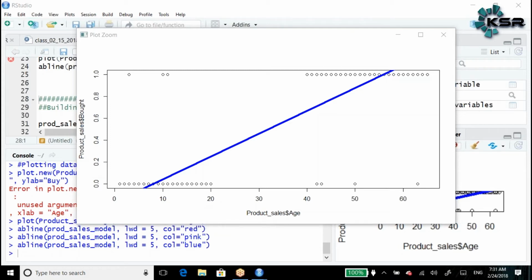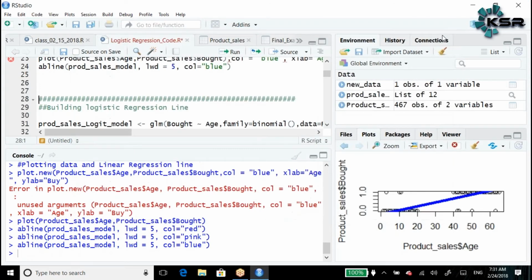Okay. Now, no doubt, right? So from this point only, we are deriving the logistic regression. You may get the doubt, why don't we use linear regression?